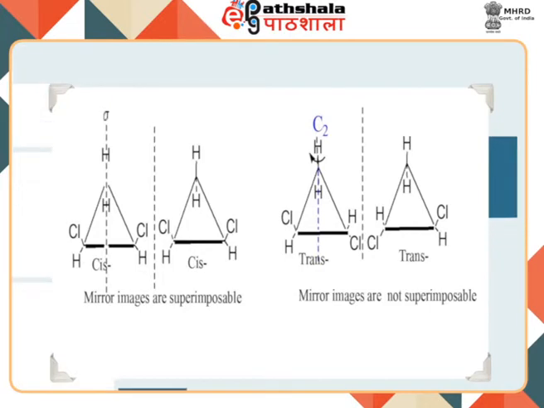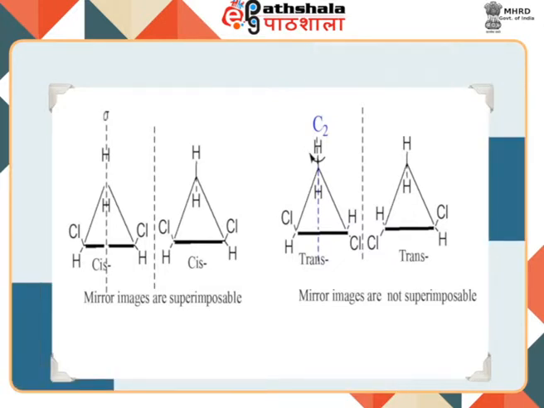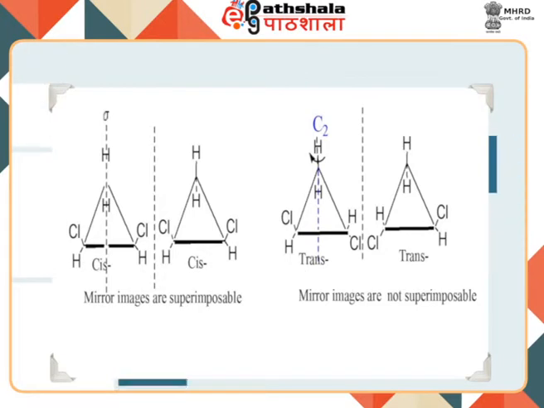The trans form and its mirror image have a C2 axis, that is, they do not lack symmetry. These are dissymmetric but not asymmetric, that is, without symmetry elements.